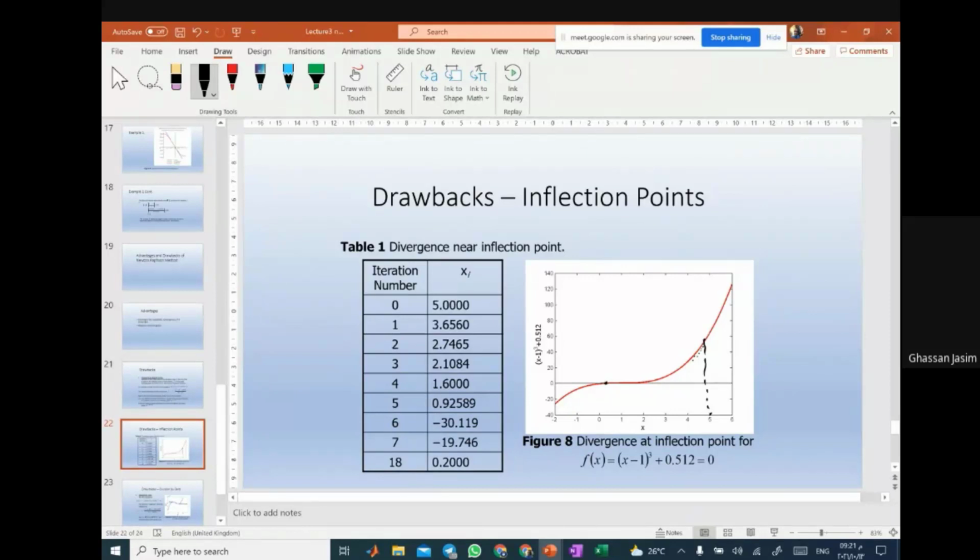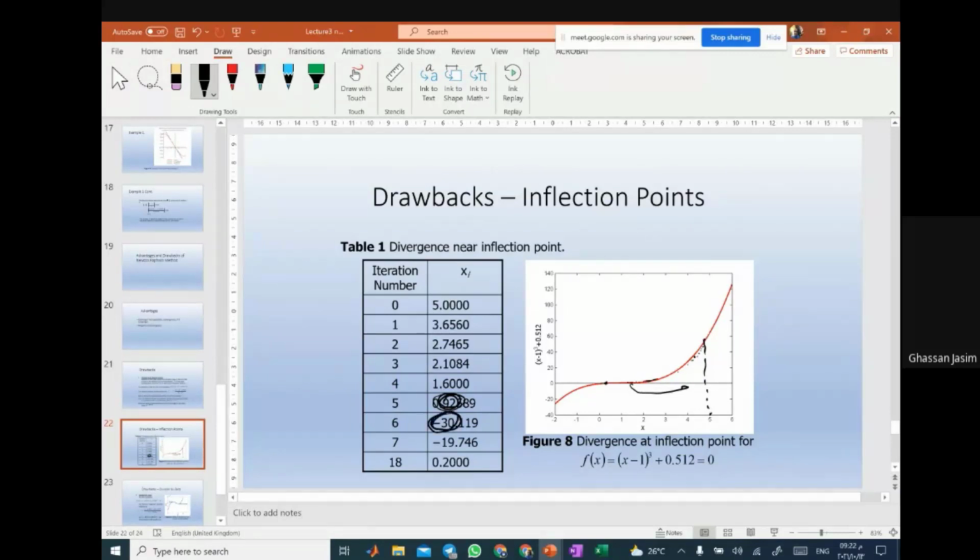But if we have a function like this and we have an inflection point here, when x naught is close to 1, it is near to 1, it diverges. What do we get?